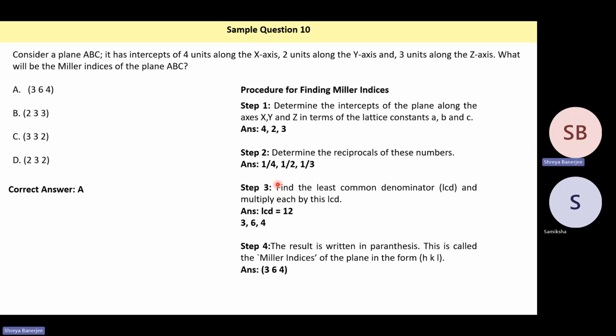The least common denominator of 4, 2, and 3 is 12. So if you multiply by 12, 1 by 4 into 12 is 3, 1 by 2 into 12 is 6, 1 by 3 into 12 is 4. And finally, you have to write the 3 numbers in a bracket without any comma, and that forms the Miller indices. So the Miller indices is (364), which is option A. This is the general procedure of finding Miller indices.